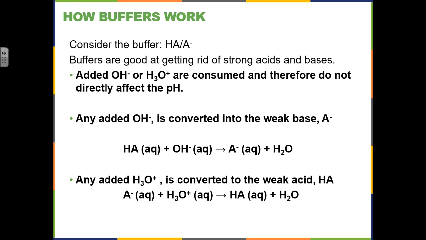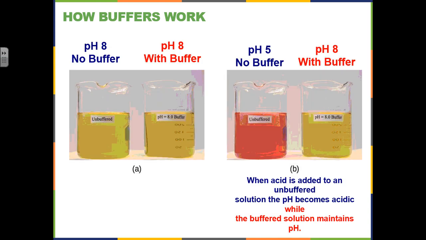Now, as I mentioned, adding the OH gets it converted into the weak base, and then adding any hydronium is going to convert it to the weak acid. And now if you look at the image provided here, you have the pH where you have no buffer and a pH 8 with buffer.